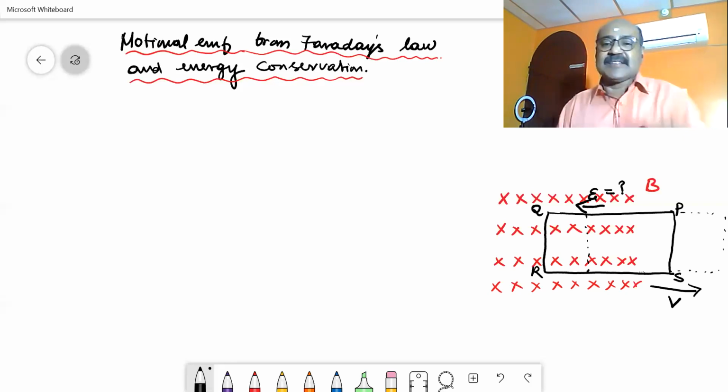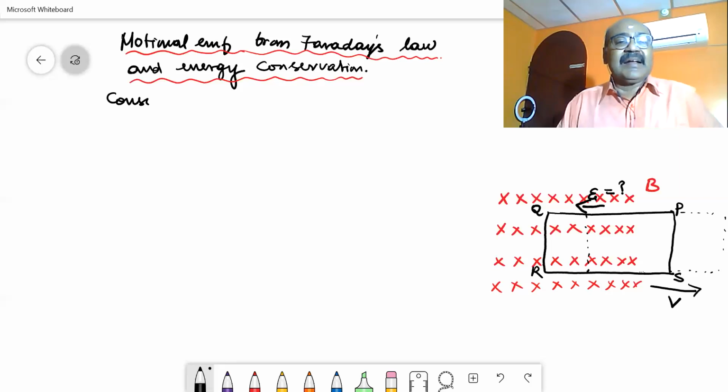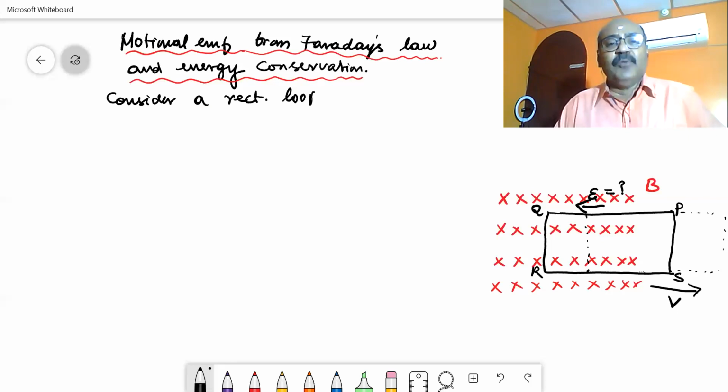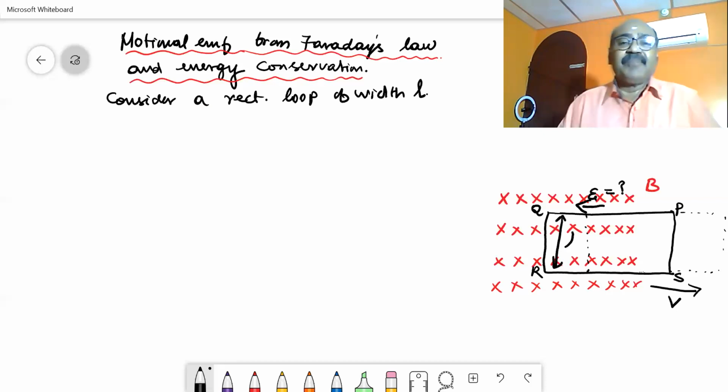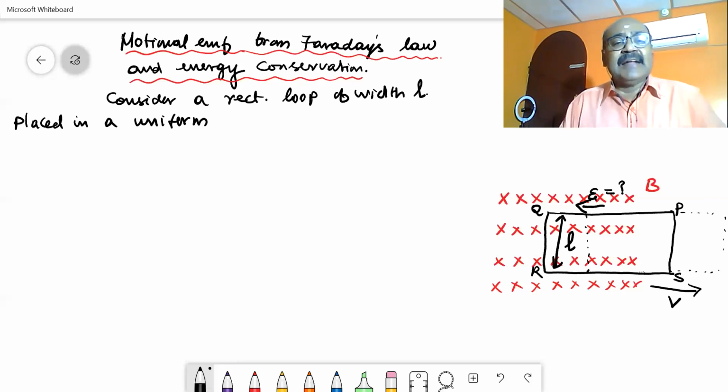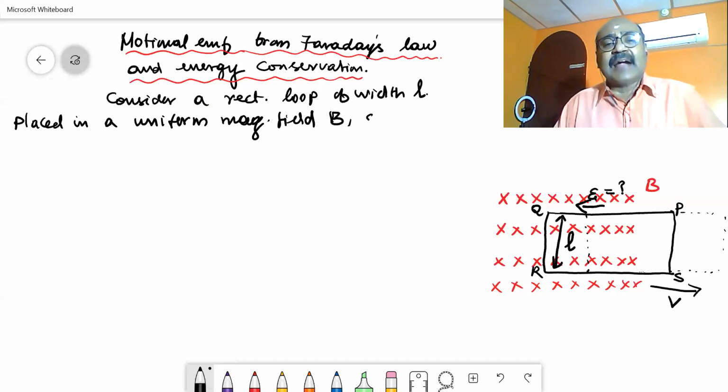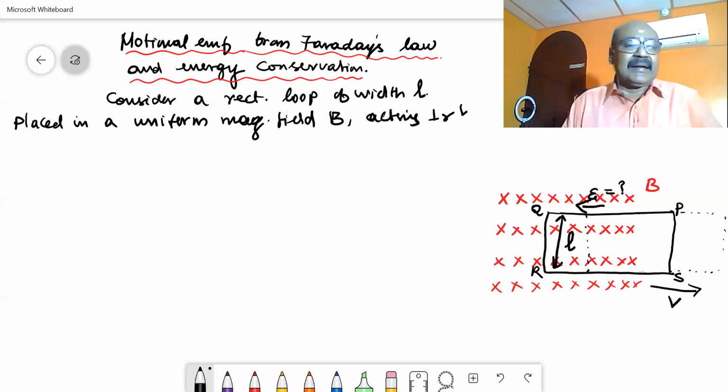So let us write a small description for this diagram. First of all, you consider a rectangular conducting loop of width L. Let us take this width as L. It is placed in a uniform magnetic field, and that uniform magnetic field is B. It is acting perpendicular to the paper, or perpendicular to the plane, and also acting inwards.